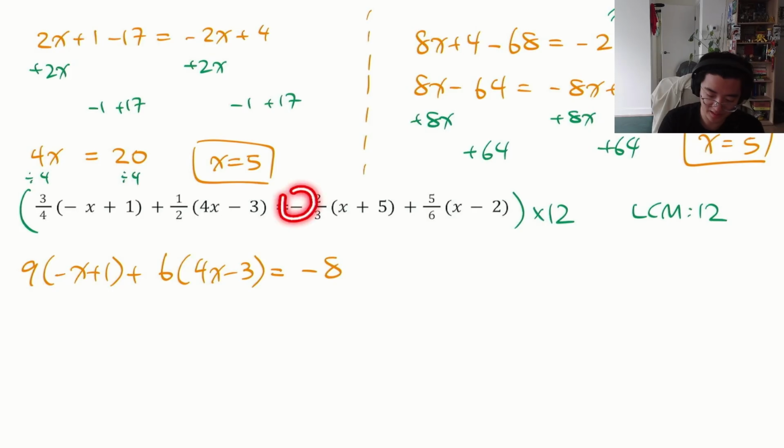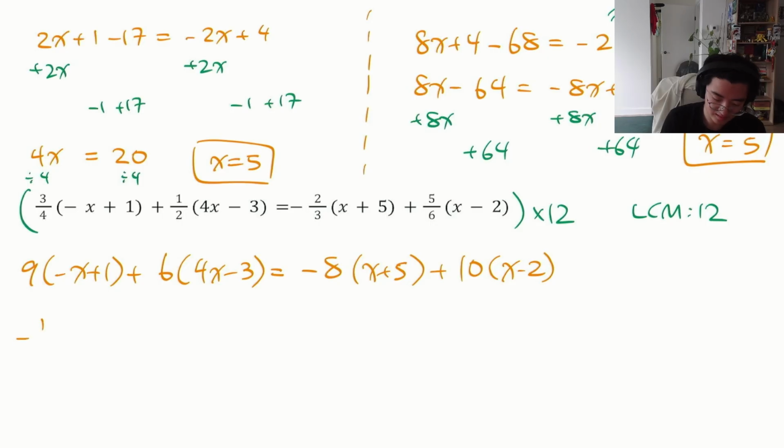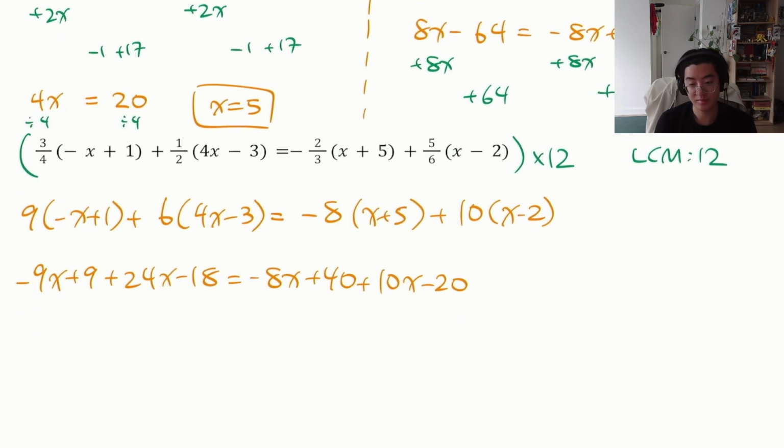Well, remember the negative sign here. 5 over 6 times 12 reduces to 2. So it's 10. Okay, gotta expand them all. 24x minus 18, negative 8x plus 40, 10x minus 20.